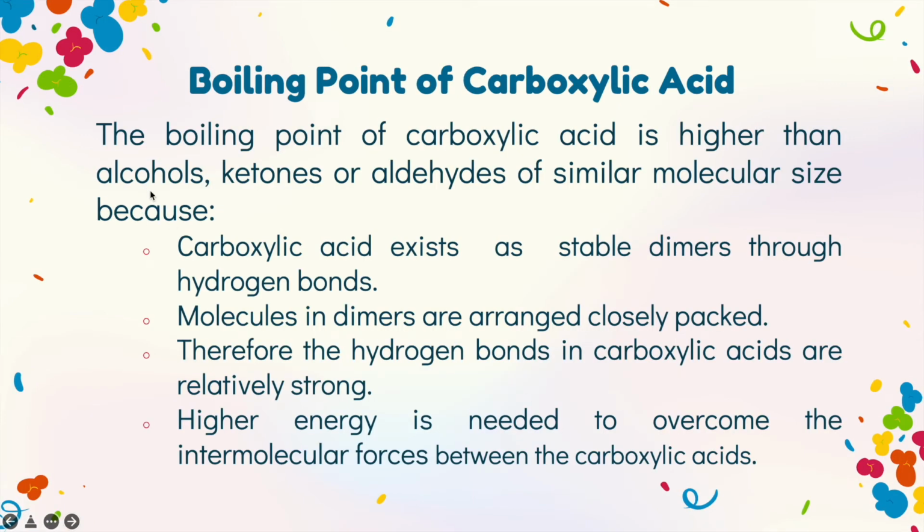The boiling point of carboxylic acid is higher than alcohols, ketones or aldehydes of similar molecular size. We know that carboxylic acids, alcohols, ketones and aldehydes are all polar compounds. But the carboxylic acid has a higher boiling point than those three because carboxylic acid exists as stable dimers through hydrogen bonds.